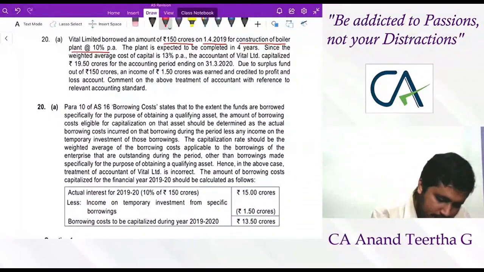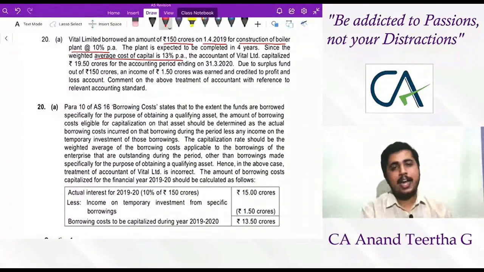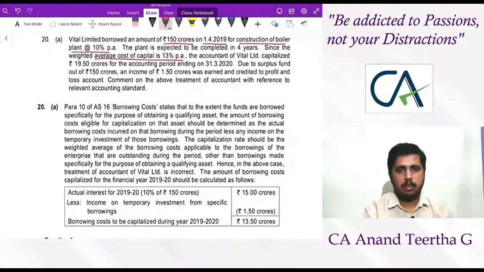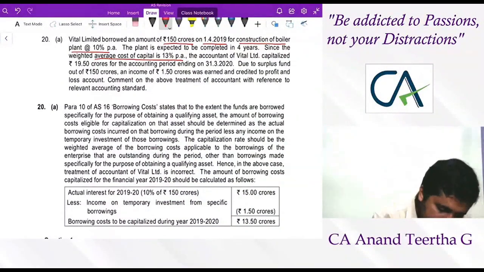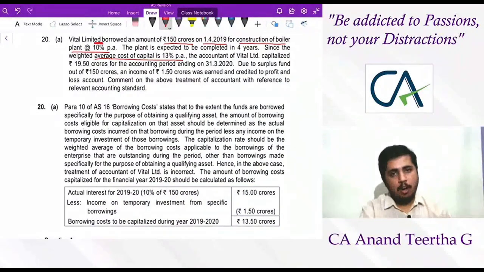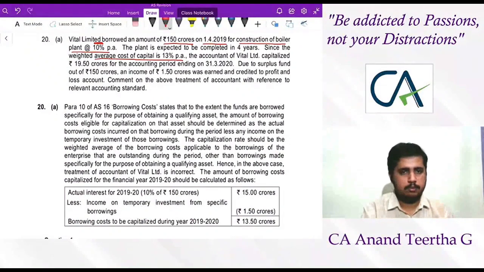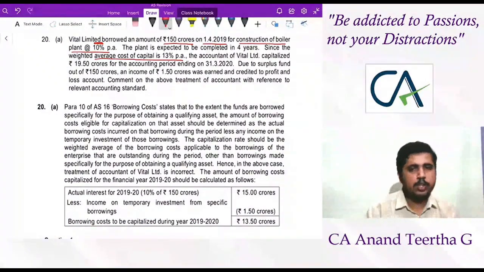The weighted average cost of capital is 13% per annum, and the accountant has capitalized the borrowing cost as 150 crore into 13%. But the actual interest rate is only 10%. But according to weighted average cost of capital, he capitalized.